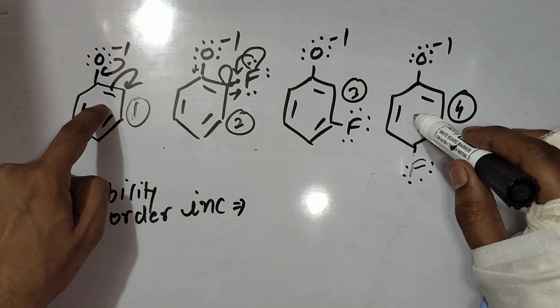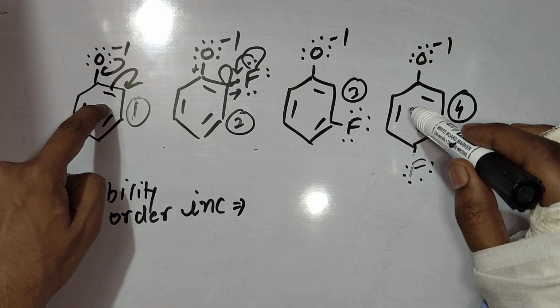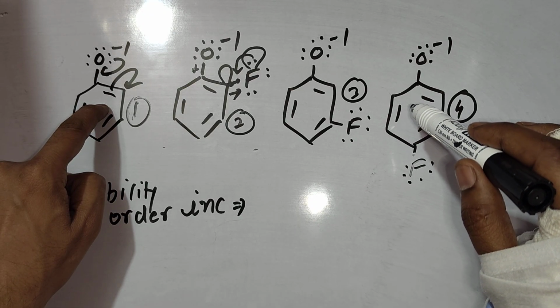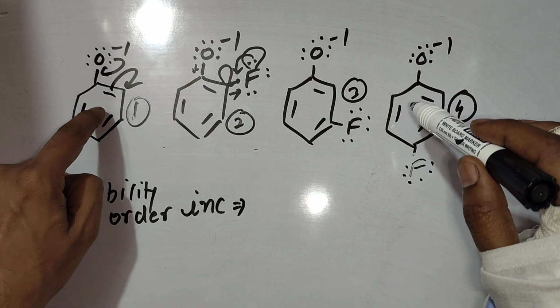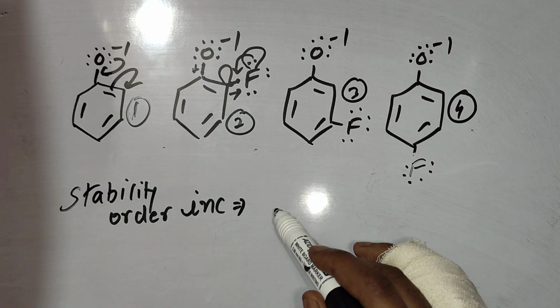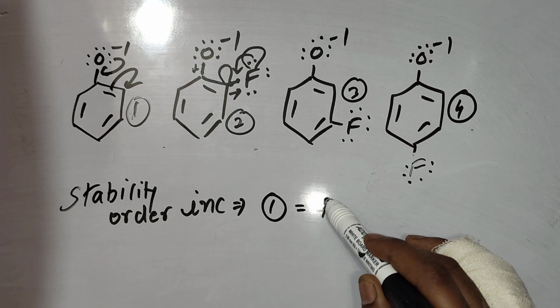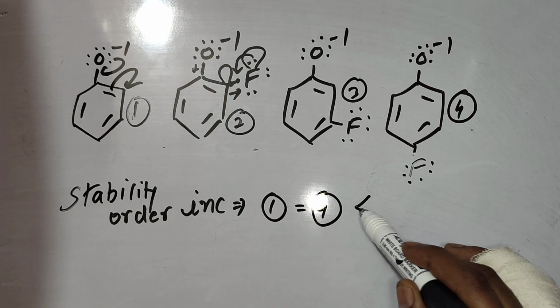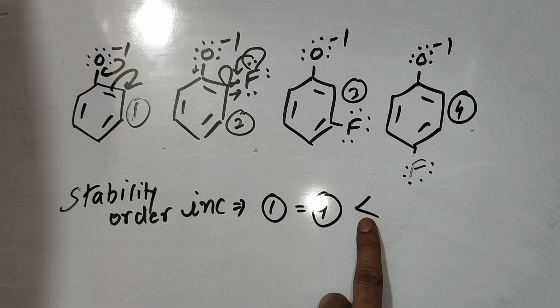I think these two. Equally stable and least stable, because they are getting stability only by one factor, that is plus R of O. Please check. Only one factor is making them stable. So first is equal to 4.